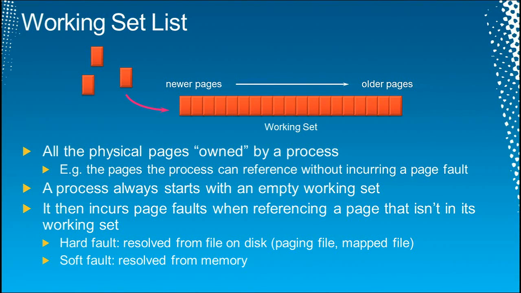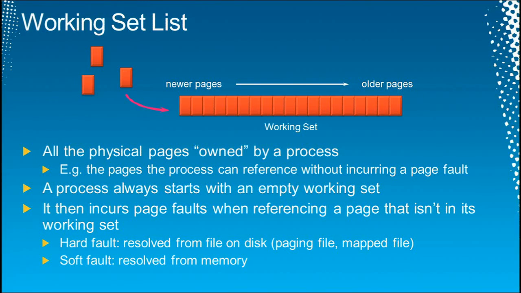In the case of Notepad's initial thread executing Notepad's starting code, that page is going to have Notepad executable's code that gets read in from disk into a page in RAM, and then that page is put in this list. And the system knows that Notepad owns that page of memory.